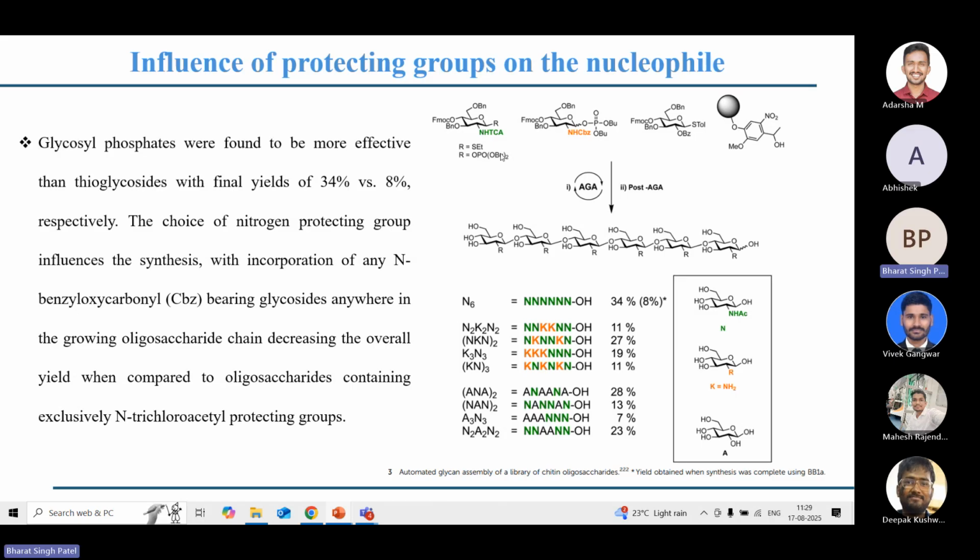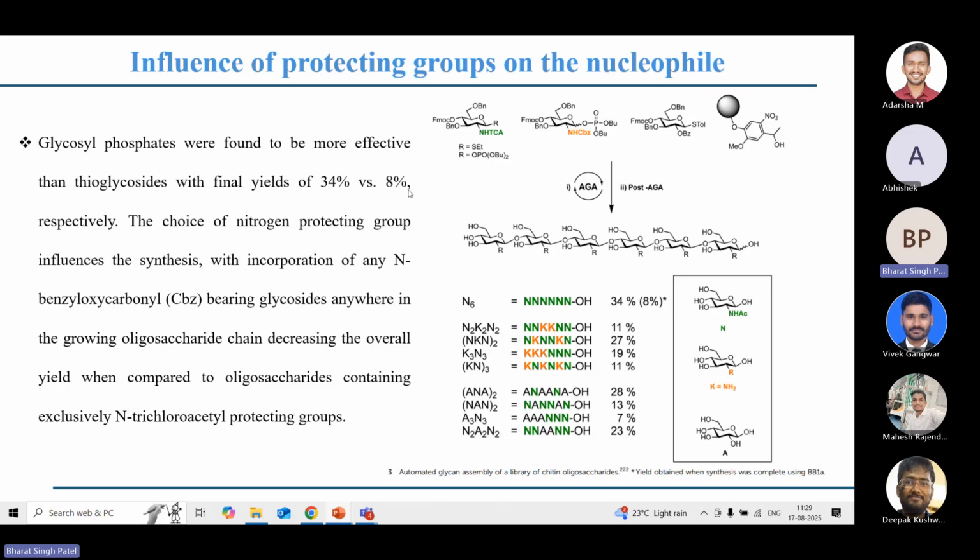where they have taken different protecting groups at the C2. The final protecting groups they used were CBZ and N-trichloroacetyl. In those cases, they got good yield with the phosphate donor.